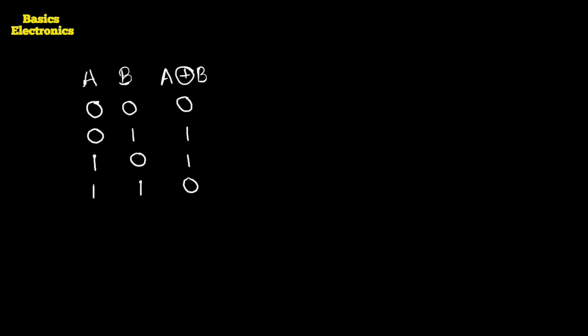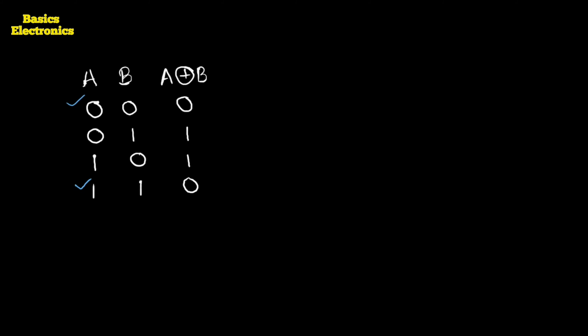Then by using this 2-input XOR gate, we can say the XOR gate produces logically low output, the first condition and the last condition, when equal inputs are applied.